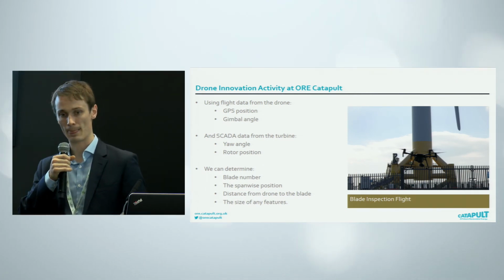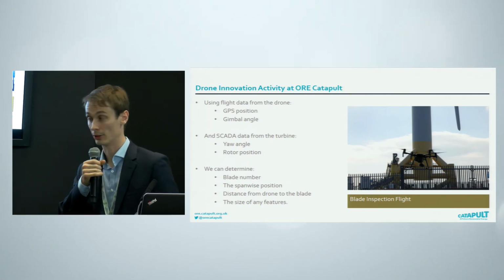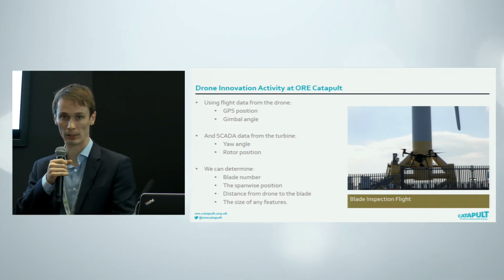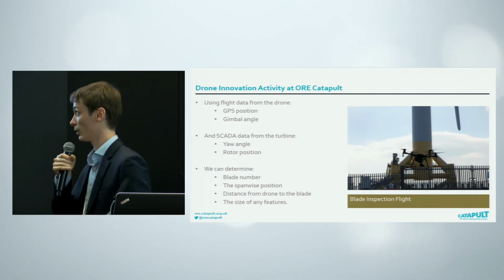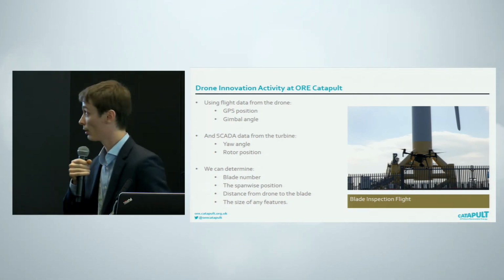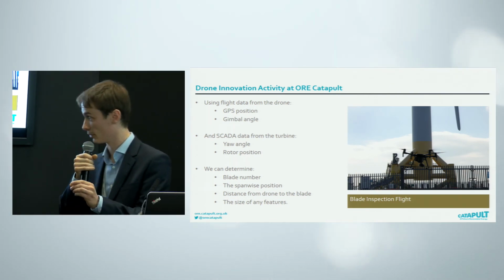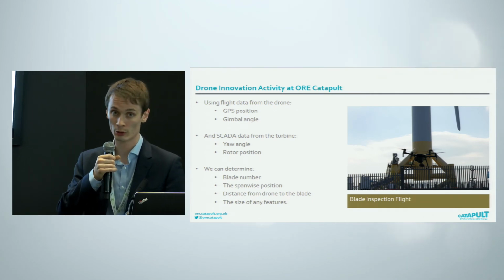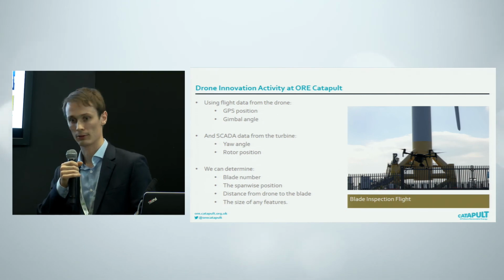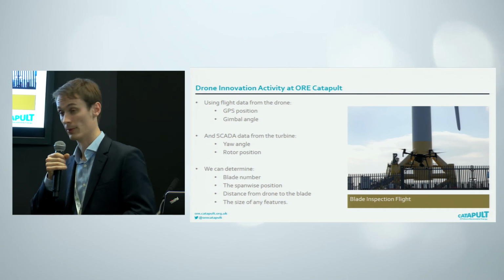From each of the photos that comes out of the drone, we can get information like the blade position, whereabouts on the length of the blade this photo is of, and the distance from the camera to the blade. Using that we can work out the size of an individual pixel on the photo, and therefore get a lot more information about any damage or features on the blade that we want to get information about.